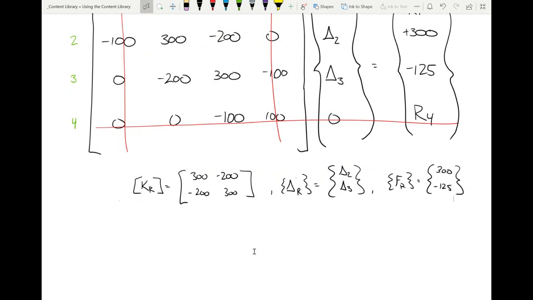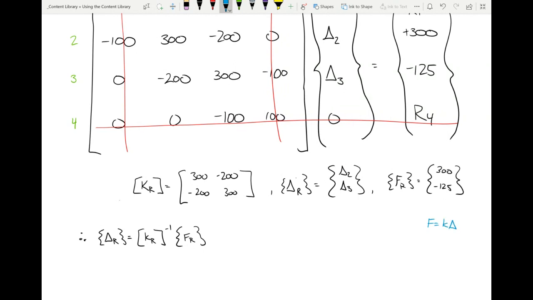Okay, so what you can do is you can say, therefore, my displacements are my inverse of this times my forces, right? Because basically what I'm saying is F is K delta.